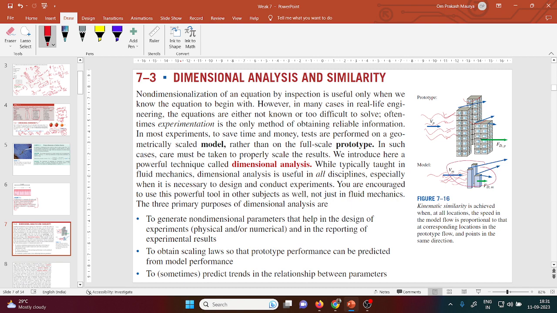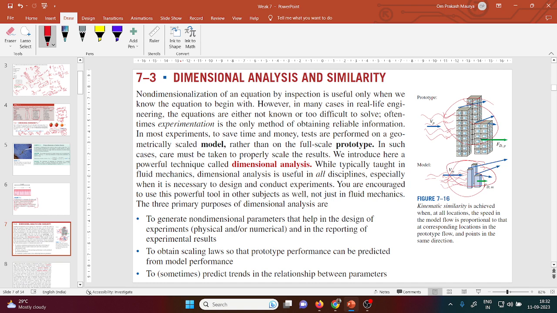So a small thing is the model and the big thing is the prototype. Your existing bike or car is the prototype. Before designing your bike or car, people make a smaller model using dimensional analysis, apply the same types of forces like wind force on it, and check what is happening on the model.